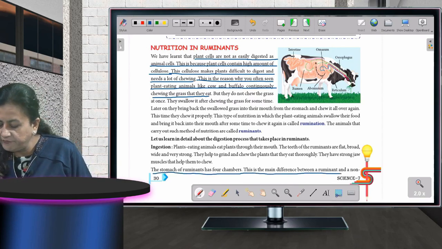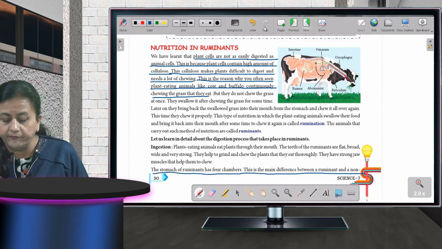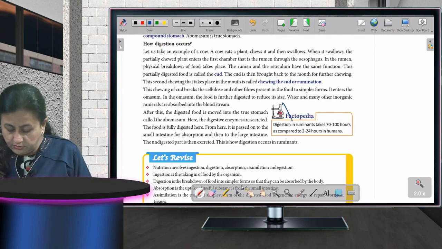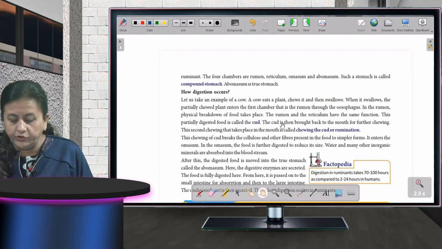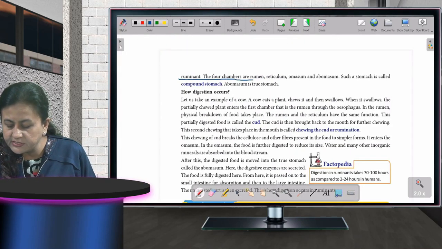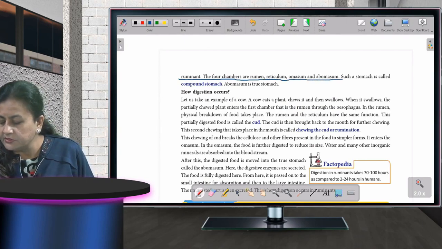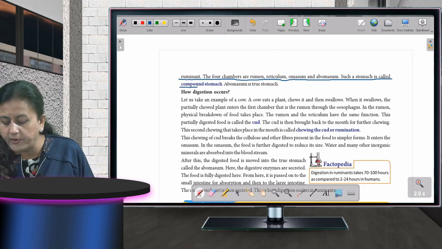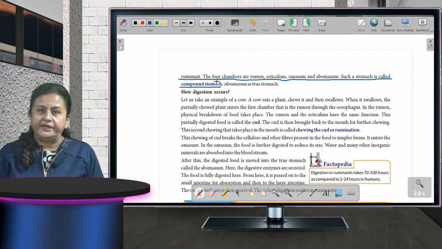This is the main difference between a ruminant and a non-ruminant. Okay, you can see on your screen also the 4 chambers are rumen, reticulum, omasum and abomasum. Such a stomach is called a compound stomach. Okay, fine children.